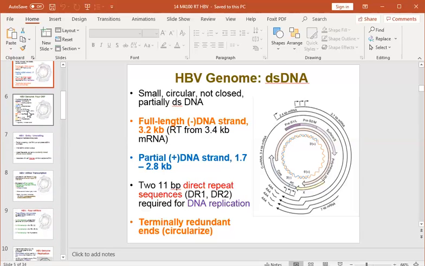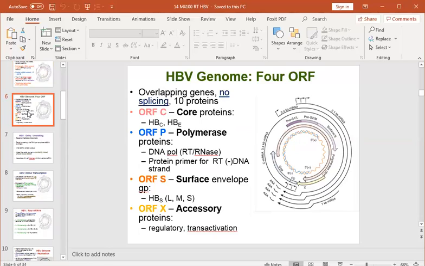Moving to slide number 6. The HBV genome contains 4 ORFs, or open reading frames. There are overlapping genes, but no splicing occurs, and these overlapping genes lead to the translation of 10 proteins in total.